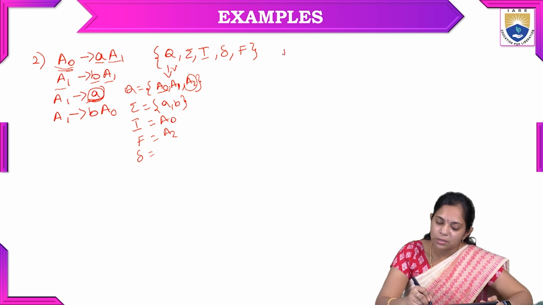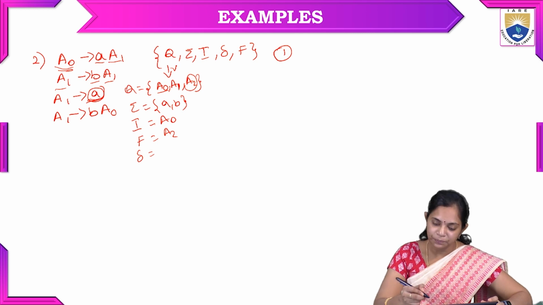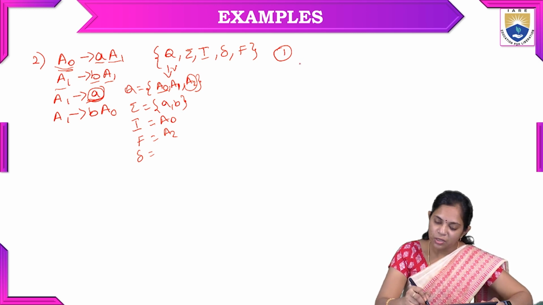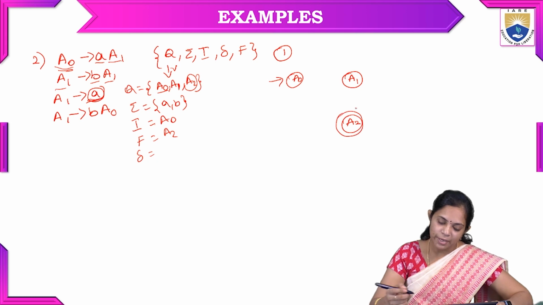So here the first step is to convert to a transition diagram. For this, what do we require? We require the states, the starting state and the final state. So let me write A0, A1, A2. A0 is the initial state and A2 is the final state.